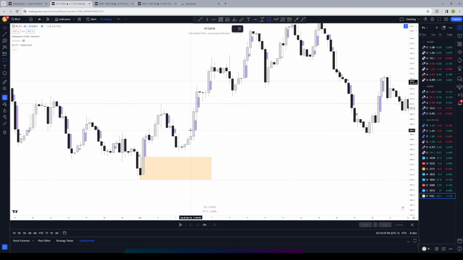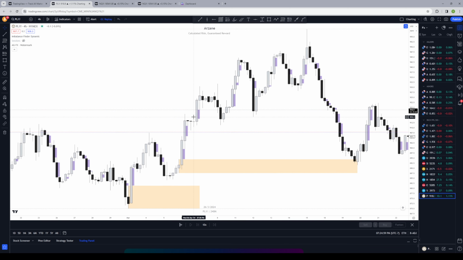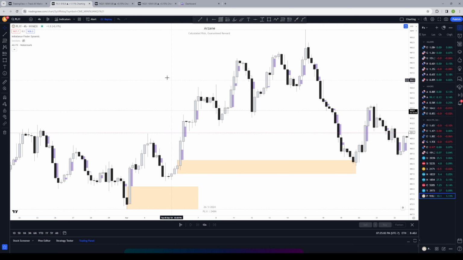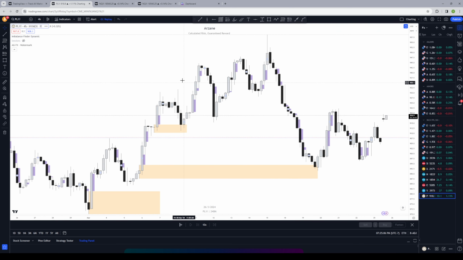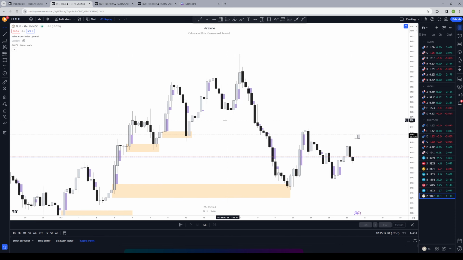Imbalance, candle beneath it, we draw it out. Buy candle, candle beneath it, we draw it out. Buy candle, candle beneath it. Buy candle with an imbalance, candle beneath it, we draw it out. Buy candle, imbalance, underneath it.